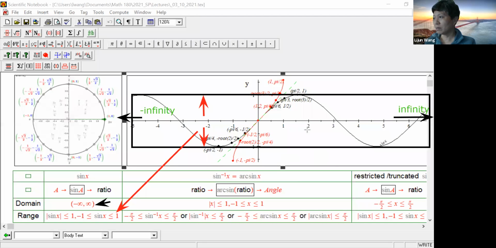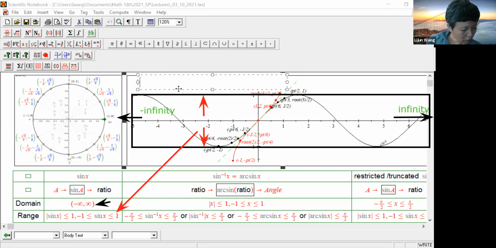Now, did you write it down? All these points I put here correspond to the exercise I give you as homework. These correspond to the homework on Trig 2A.